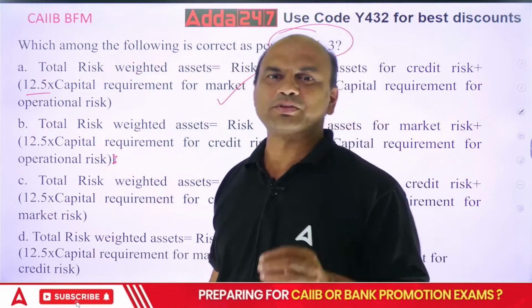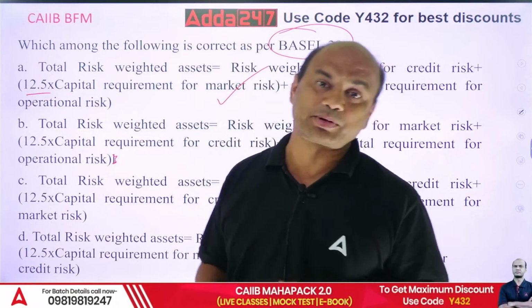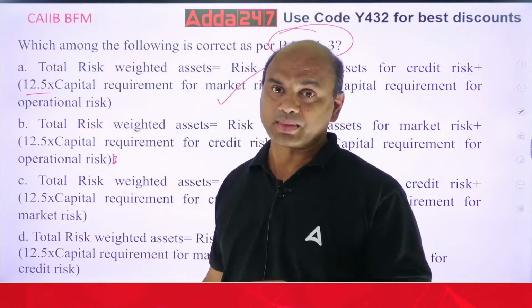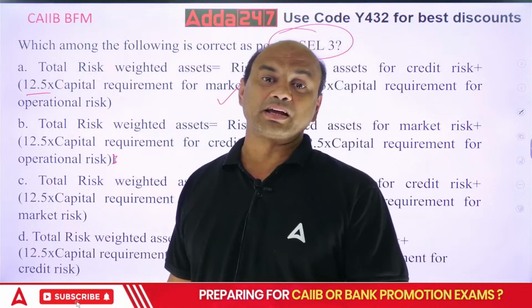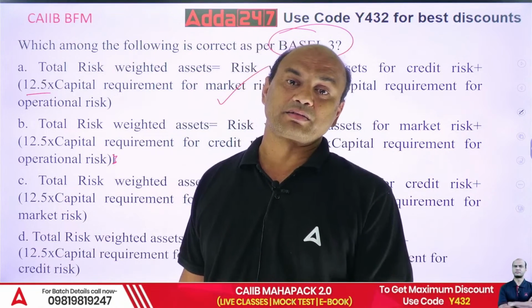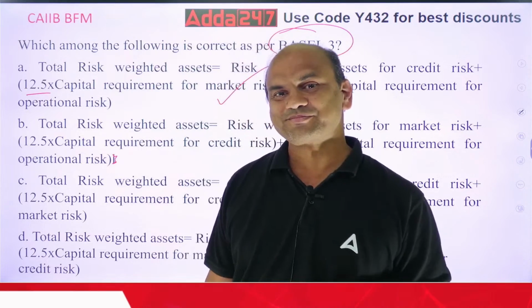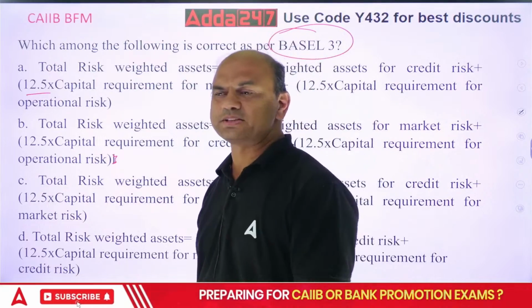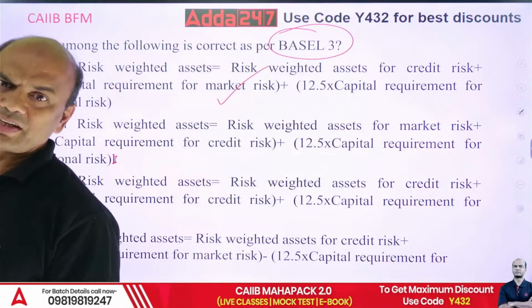12.5 means, if you divide, see what is the basic CRAR requirement as per Basel without the CCB buffer. In the comment section, everyone, what is the CRAR requirement as per Basel 3 without CCB? It is 8%, isn't it? Right? Everyone is typing in the comment section. So it is 8%.